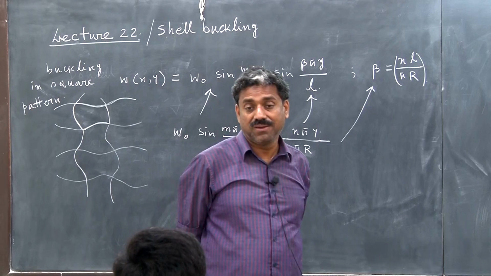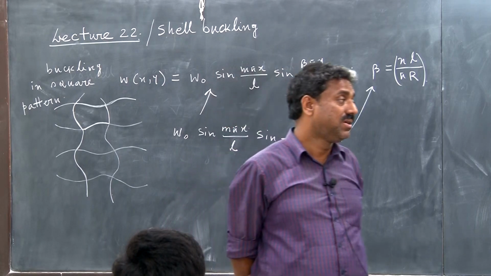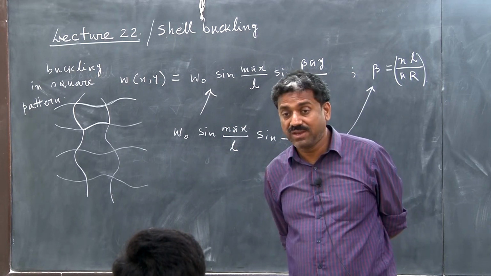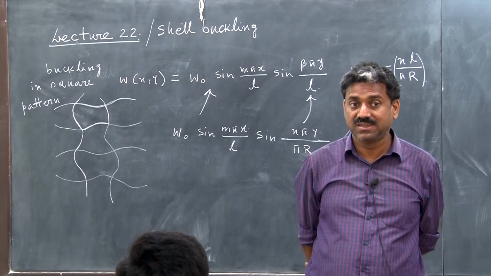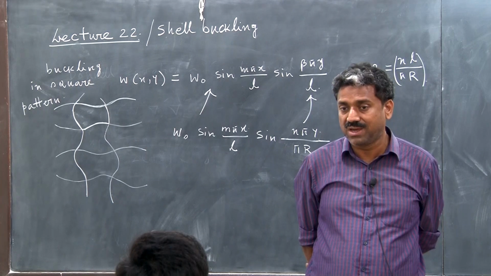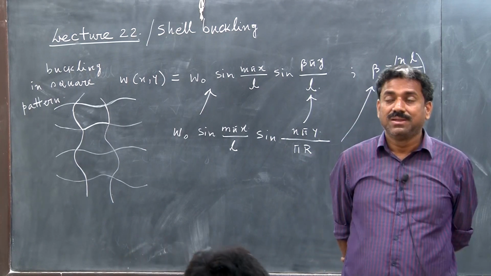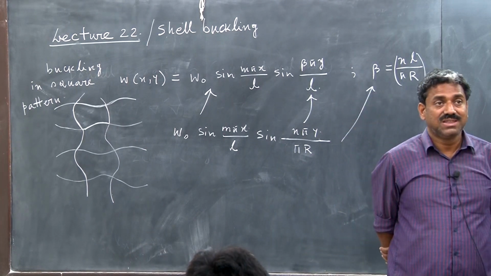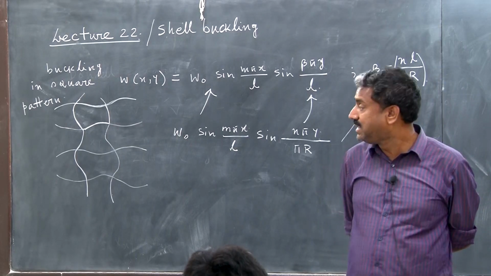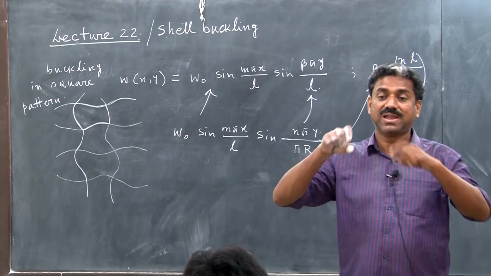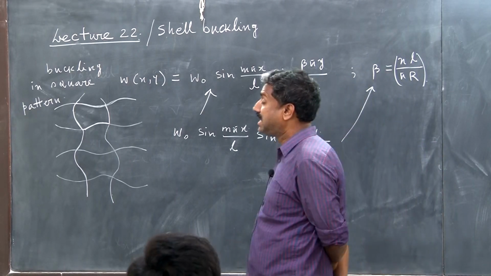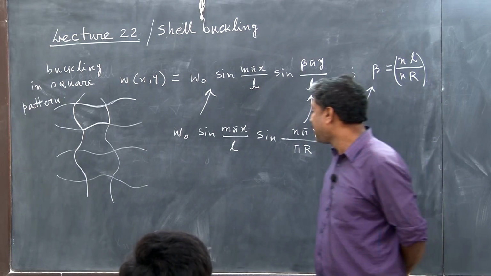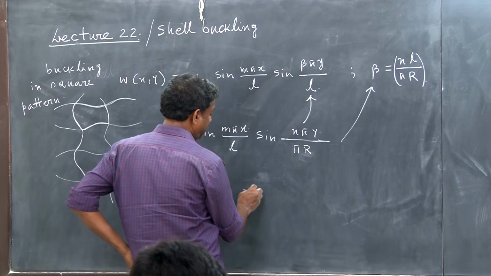Unfortunately we don't have the setup to do this experiment, but it is a very interesting one. When it buckles, it develops a pattern which looks like a diamond. So it doesn't buckle in a square pattern, it buckles in a diamond pattern. And how does the diamond pattern look? It is something like this.